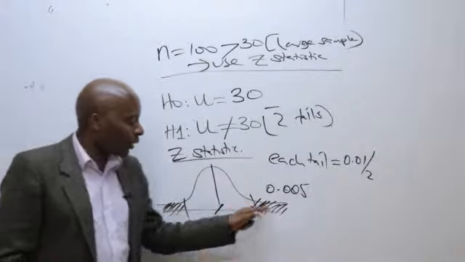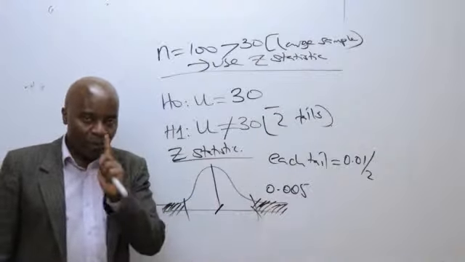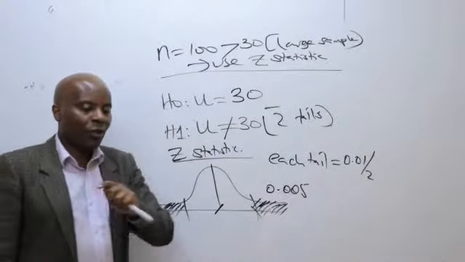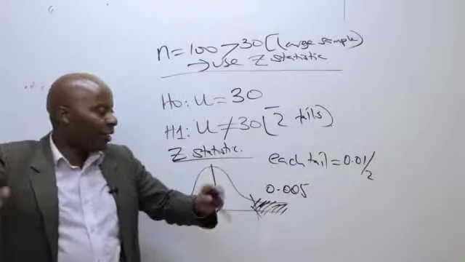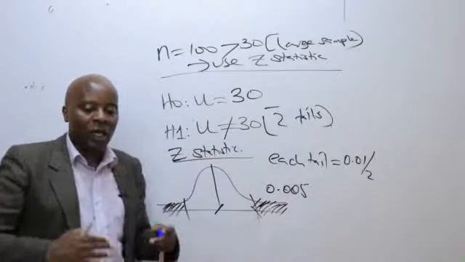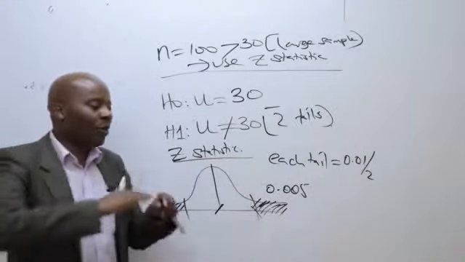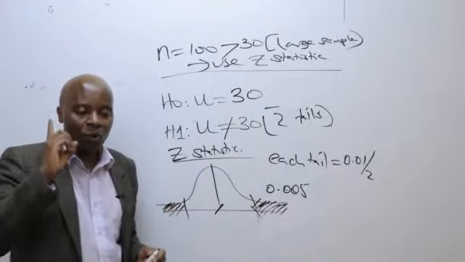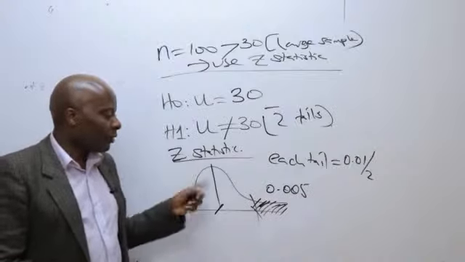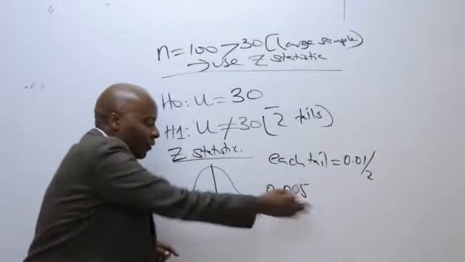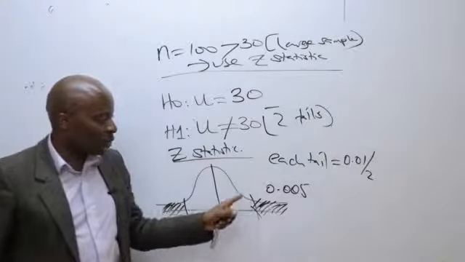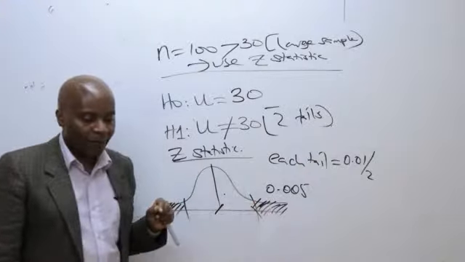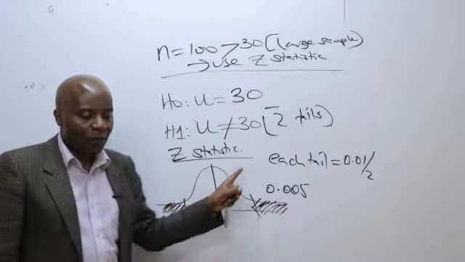I know for sure that the two areas must always add up to 0.5. Because if you remember, a PDF is basically a probability density function, and the probability density function has got 100% area. 100% area is 1. So 1 divided by 2 gives me 0.5. And then we have this small shaded area 0.005. Therefore, this one will be 0.5 minus what is here.